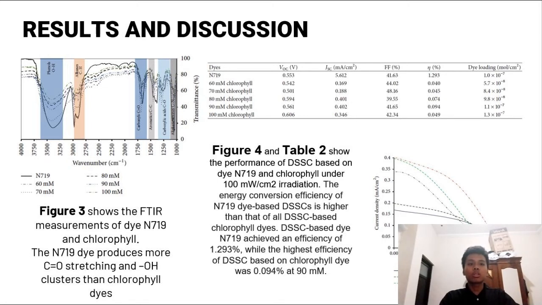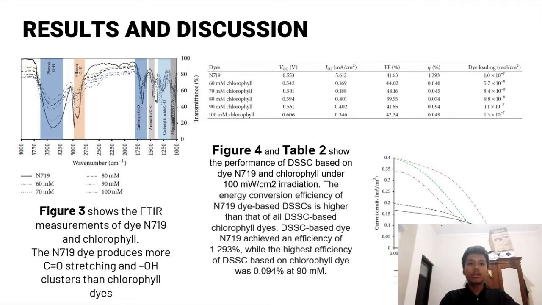However, compared to chlorophyll dyes, the N719 dye produced more OH groups and CO stretching. In general, the CO stretching and OH groups were unaffected by the concentration fluctuation in chlorophyll dyes.